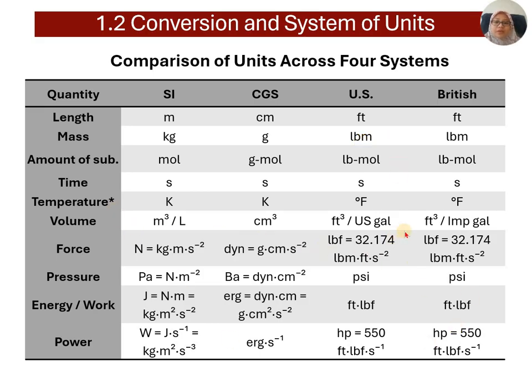And I think the most important thing for you to take note of here is that for the volume for US and British, even though both say gallon, it is actually a different thing. For US, it's US gallon, and for British, it's imperial gallon.